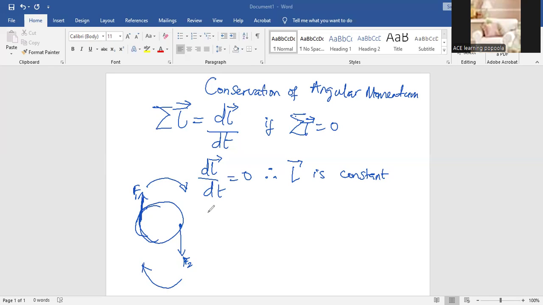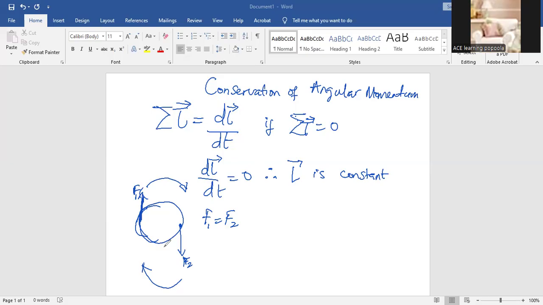Now, if F1 is equal to F2, then the net external torque on this object is going to be zero, because they are going to balance each other out, or cancel each other out. This one is trying to rotate the body in this direction and this one in the other direction, and they are equal, so they will definitely balance each other out.